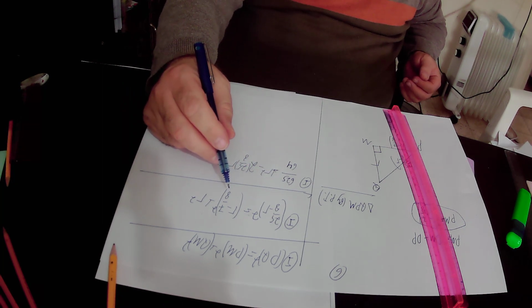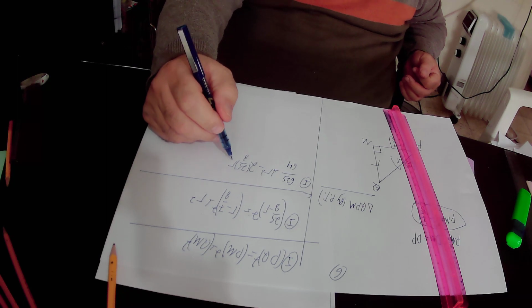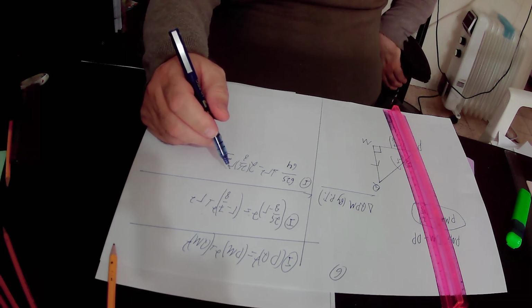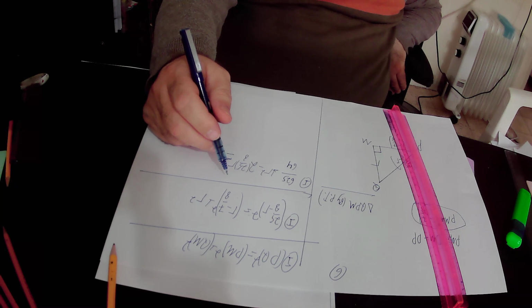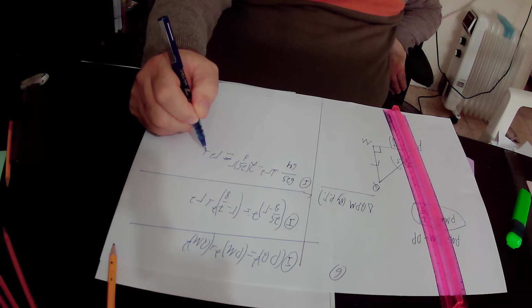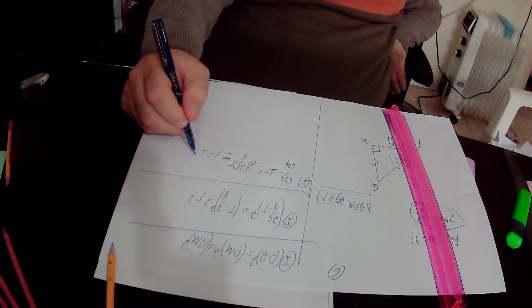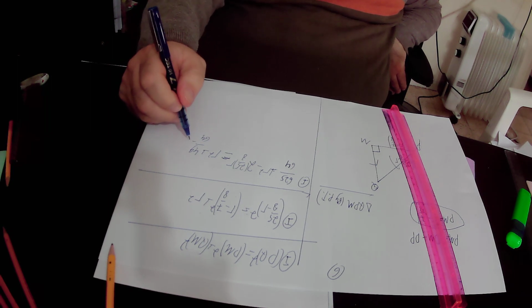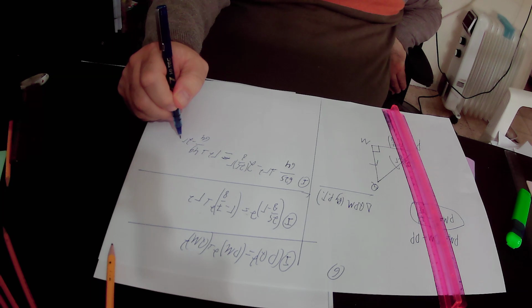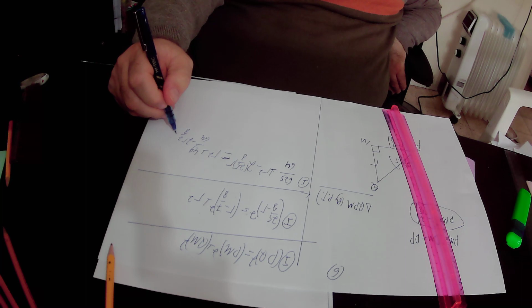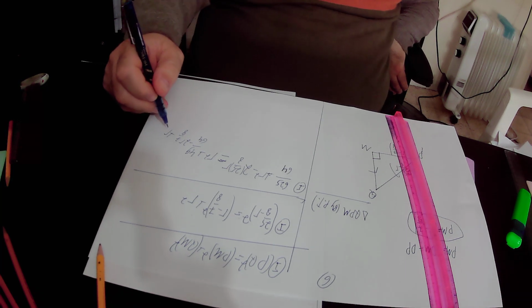Now we will go to the other side of equation number 1, and we'll open the brackets here. (r minus 7/8) squared equals r squared plus 7/8 squared, which is 49/64, minus 2 times r times 7/8, plus r squared.